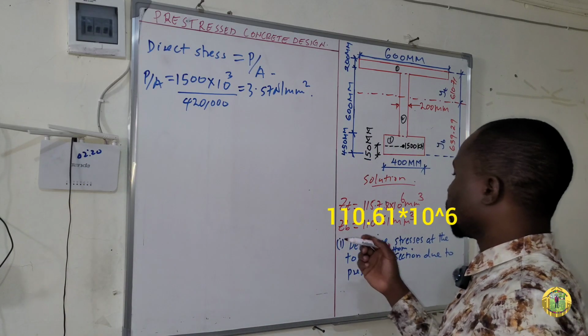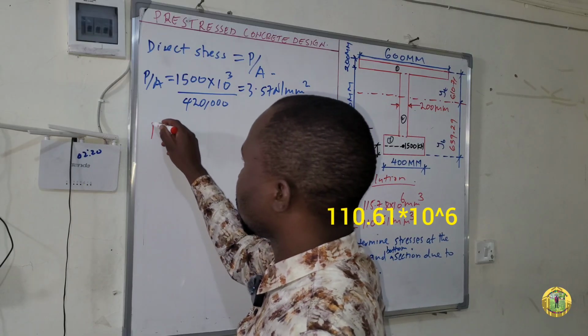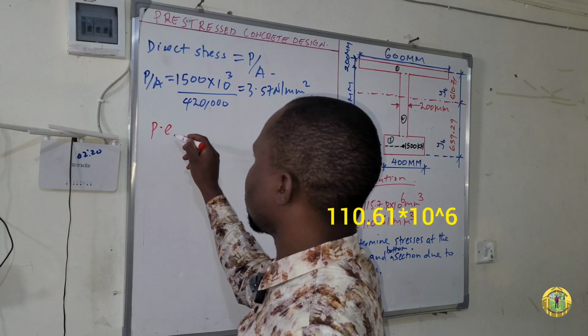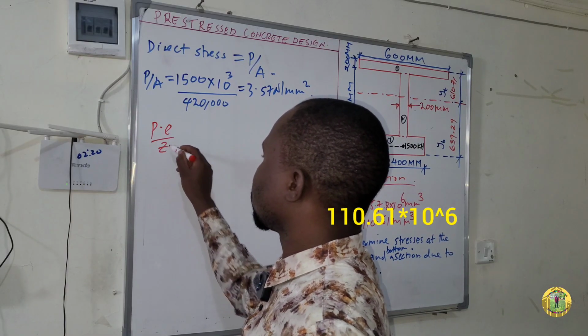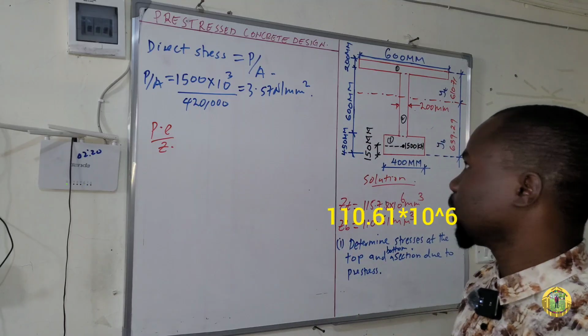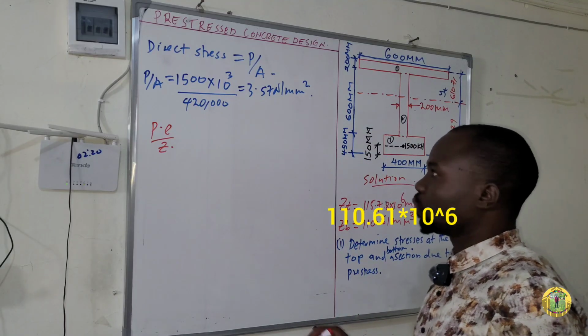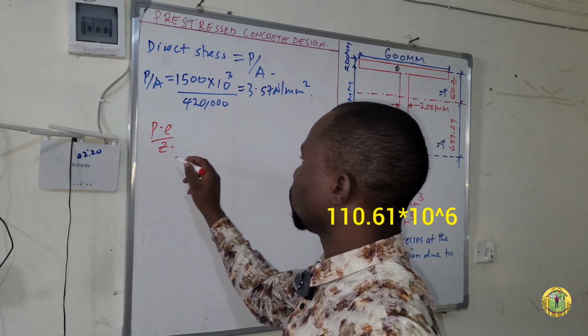This one is given by PE over Z. But since we have Z top and Z bottom, we will begin with Z top.